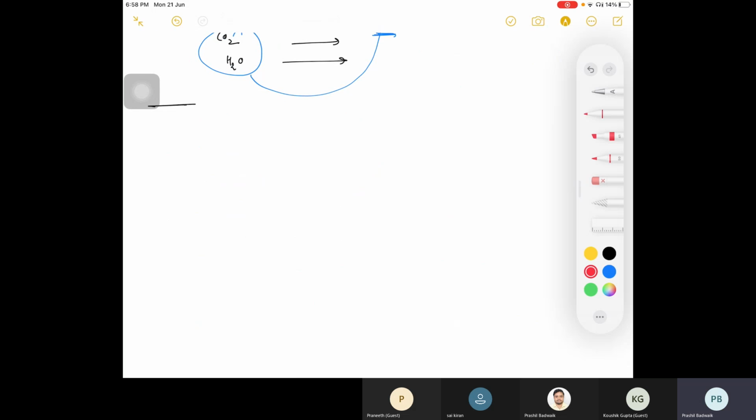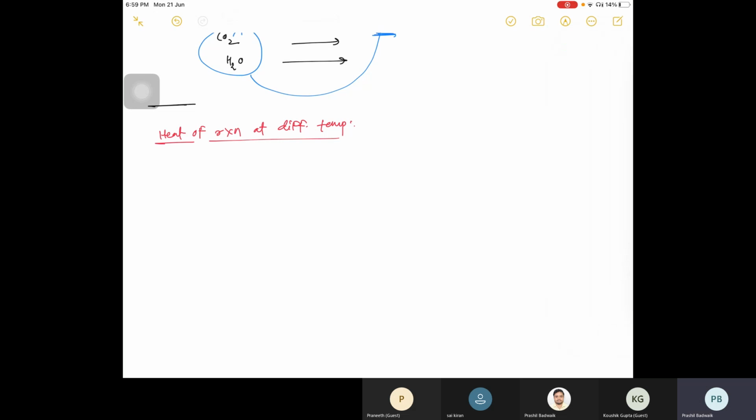Then the next part is heat of reaction at different temperature. First I have studied this.